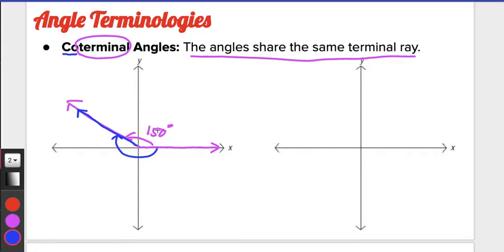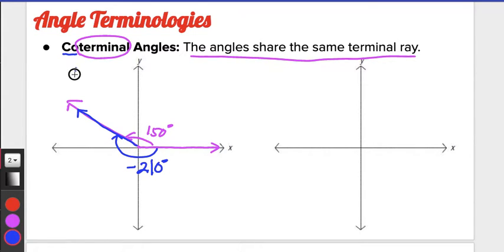This angle forms a whole circle, so the rest is 360 subtracted from this, which gives negative 210. If you just look at the angle itself, it is 210, but remember, I rotate clockwise, so it's negative 210. So that's an example of a coterminal angle.